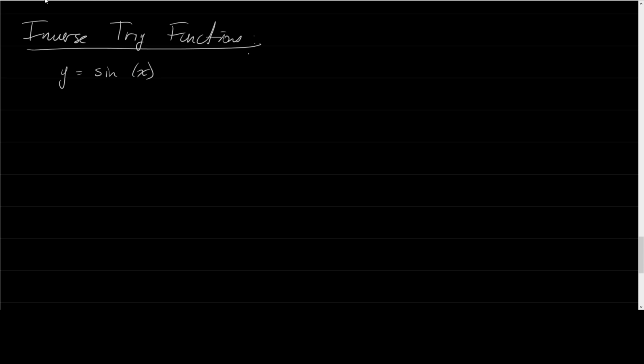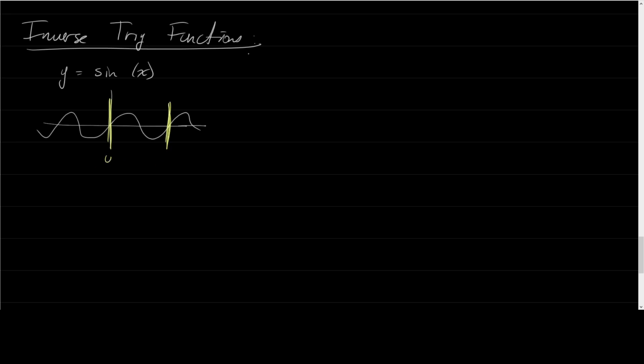All right, now in here, y equals sine of x, we know it looks like this. Now, technically, this fails the horizontal line test. So because it fails the horizontal line test, it technically doesn't have a true inverse. But we know that we can just restrict this to just this piece right here.